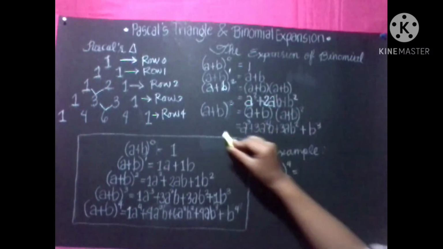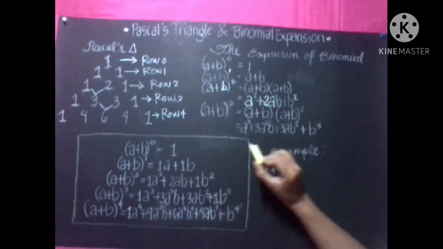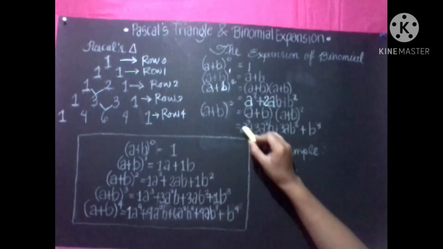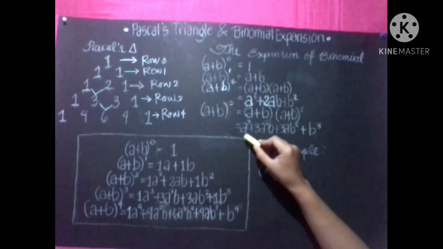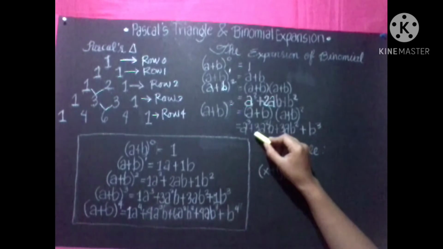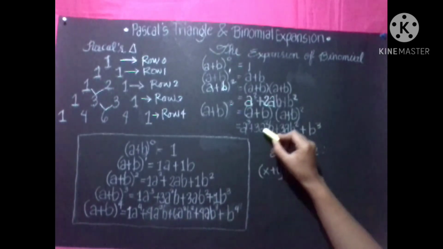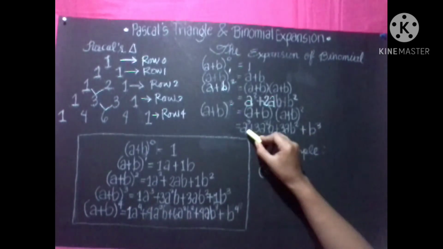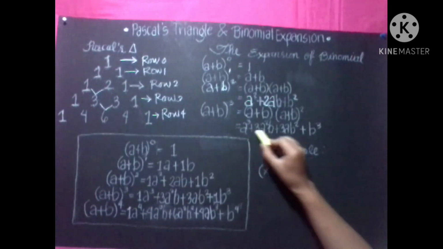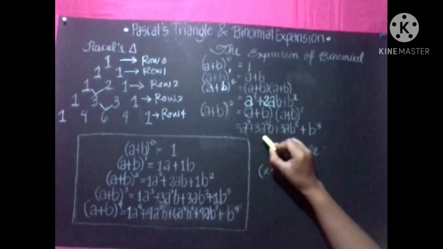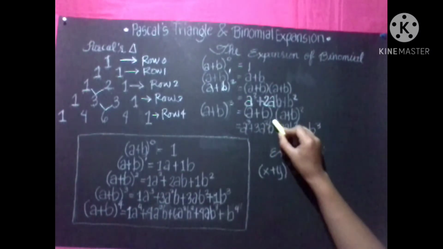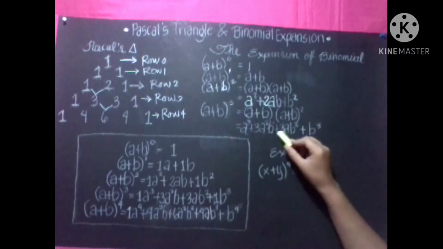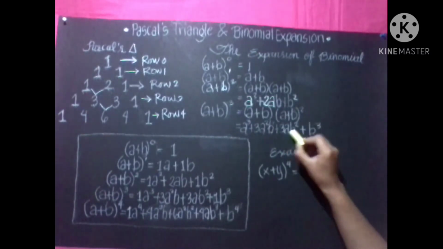Next is a plus b cubed. The result starts with a cubed, plus 3a squared b. As we know, a decreases, or goes down, as b goes up to 1, from 0 to 1. Next is 3ab squared.